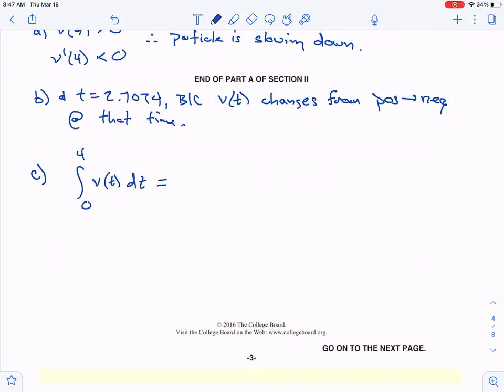That tells me that according to FTC part 1, the antiderivative of velocity would be position, which we might use x for here. And it's going to be x at my upper bound minus x at my lower bound. So this is the position at time 4, and this is the position at time 0.